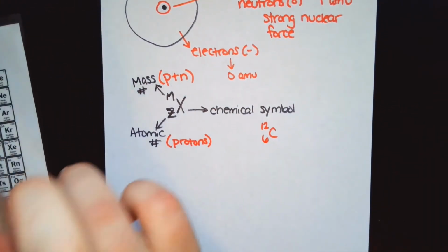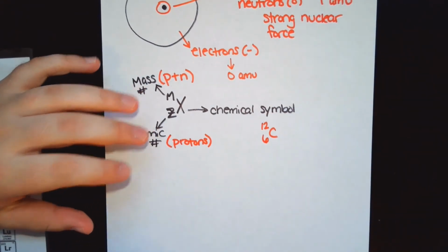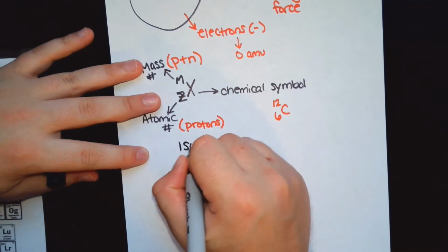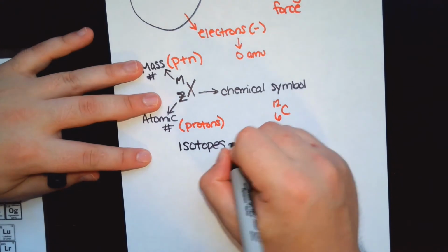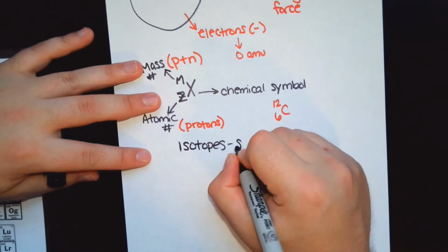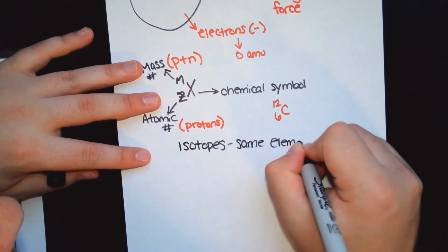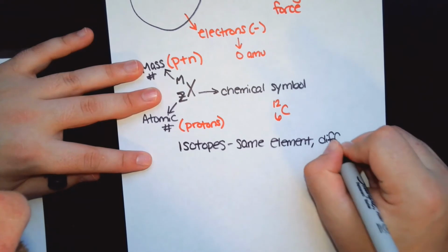And that actually leads me to something called isotopes. So isotopes, these are atoms of the same element but different mass numbers.